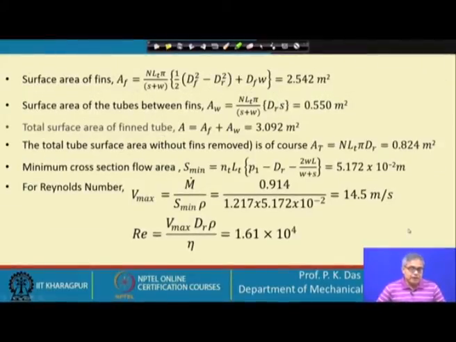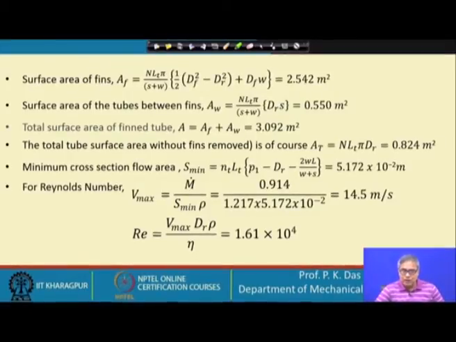The surface area of the fin, AF, we can calculate. Then the surface area of the tubes between the fins, we can calculate as AW. This has been explained earlier, and I would like you to derive this relationship on your own, so that you can understand how this formula has been arrived at.